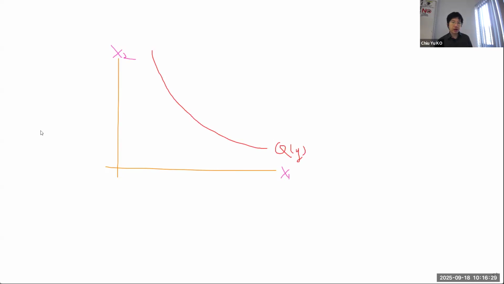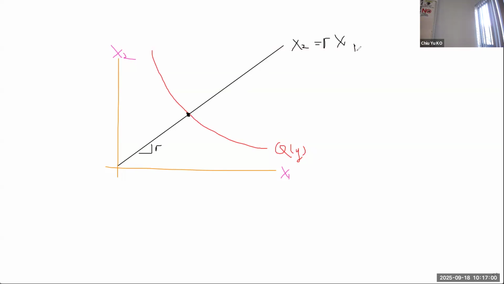And now I pick a particular point here, say this point, and I draw a line from 0. Let's call this slope R. It's R, X2 over X1, just because the intercept is 0.